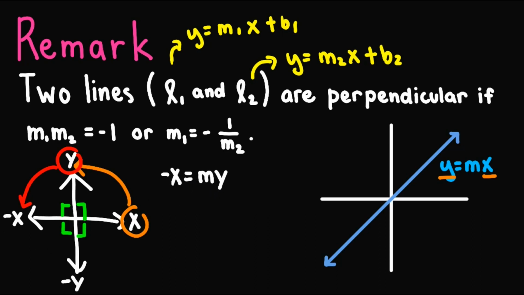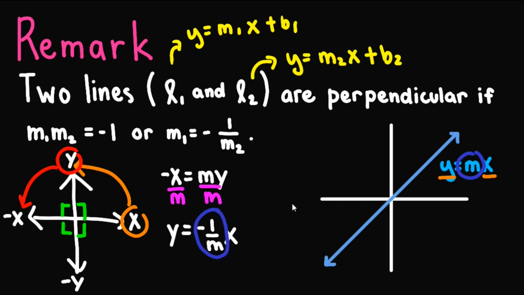We simply divide by m on both sides to obtain y equals negative 1 over m x. This is already in its slope-intercept form. Now if you observe their slopes, we have m and negative 1 over m.